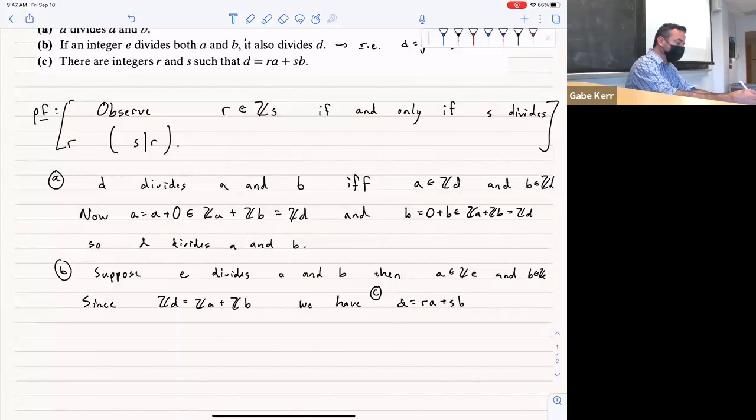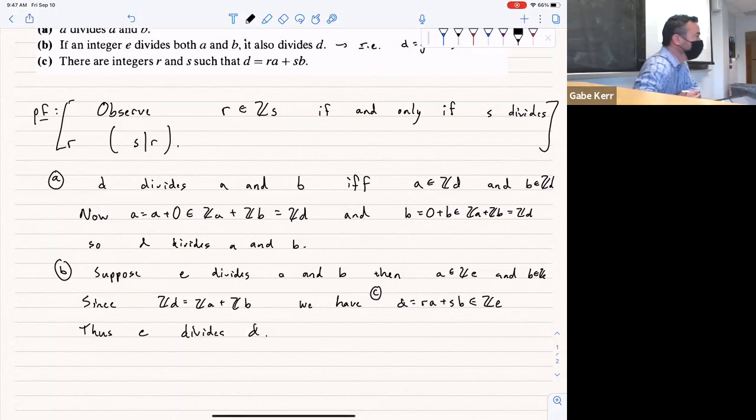Likewise, S times B is also in ZE. So both of them are in ZE. It's closed under addition, so is their sum. Thus, again, using our observation, E divides D. In other words, all we needed to do is show that D is in this group. All right, so that's how some of these proofs go.